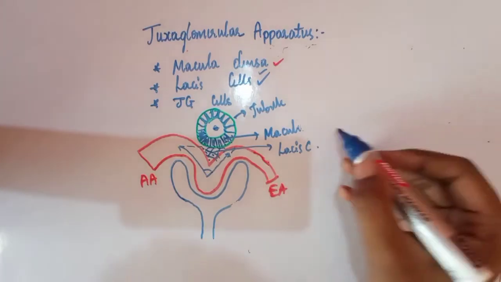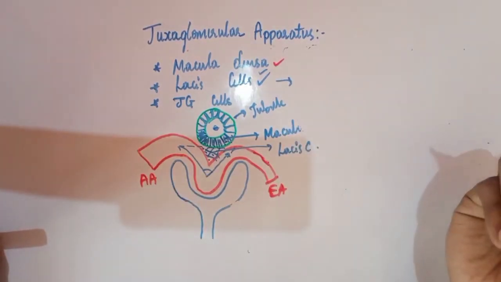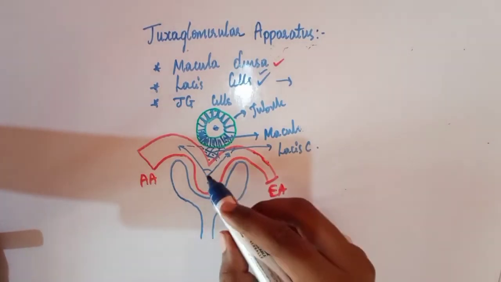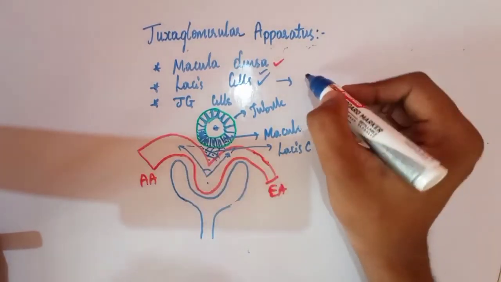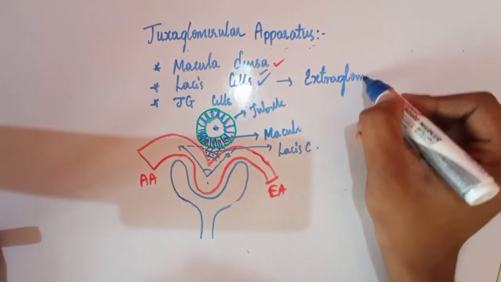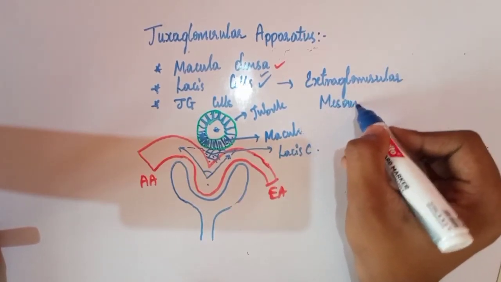These are nothing but extraglomerular mesangial cells. Mesangial cells are also present inside the glomerulus, but these are present outside the glomerulus. That's why they are called extraglomerular mesangial cells.